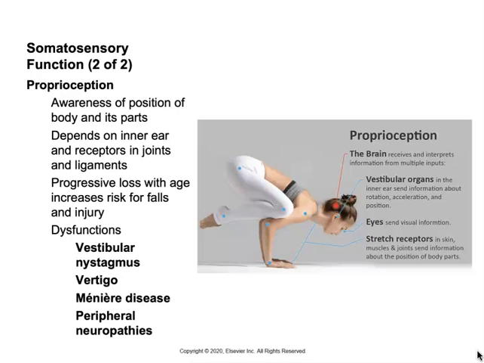And peripheral neuropathies, which can affect the nerves outside the brain and spinal cord. It can impair proprioception that leads to balance issues and problems with coordination. So we want to make sure to manage these conditions and stay active to help proprioception. So once again, we can reduce our risk of falls.